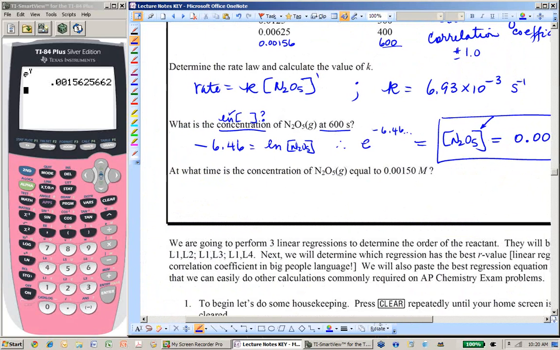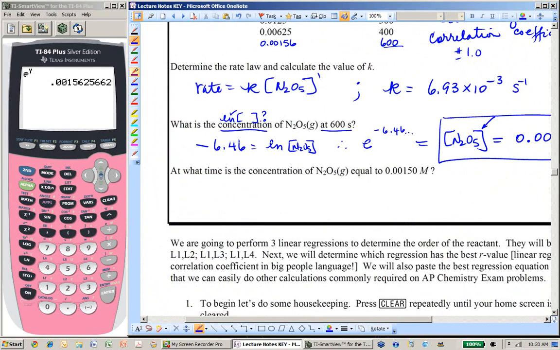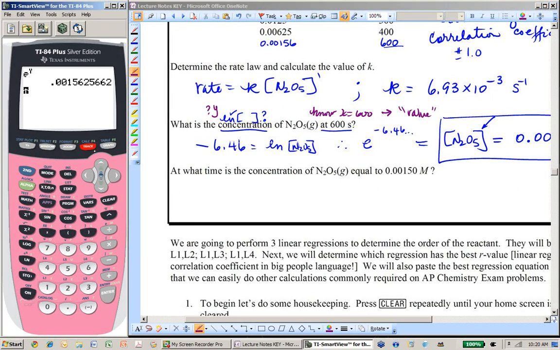Now, for fun, recap: what is the concentration? That's what you graphed the natural log of on the y-axis. So you're asked, what is y when you know x equaled 600? On your calculator, you're using the value off of this second calculate menu.